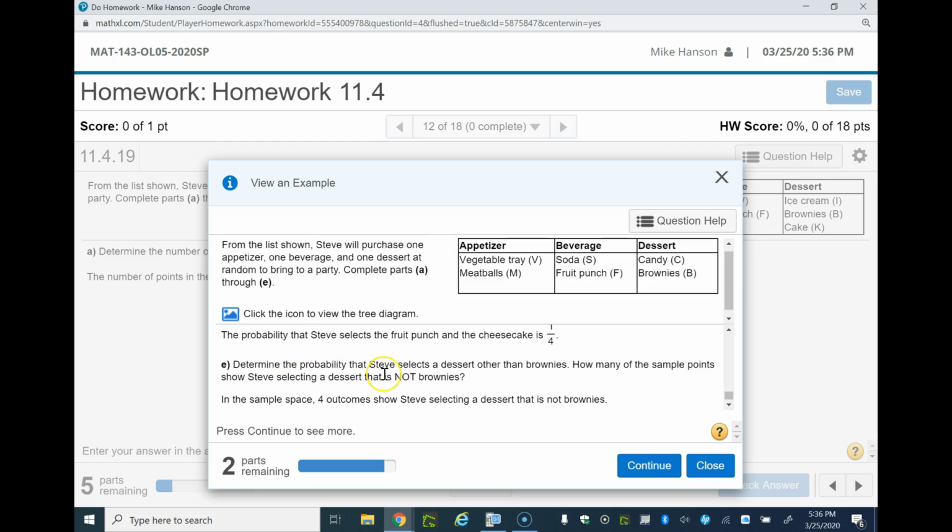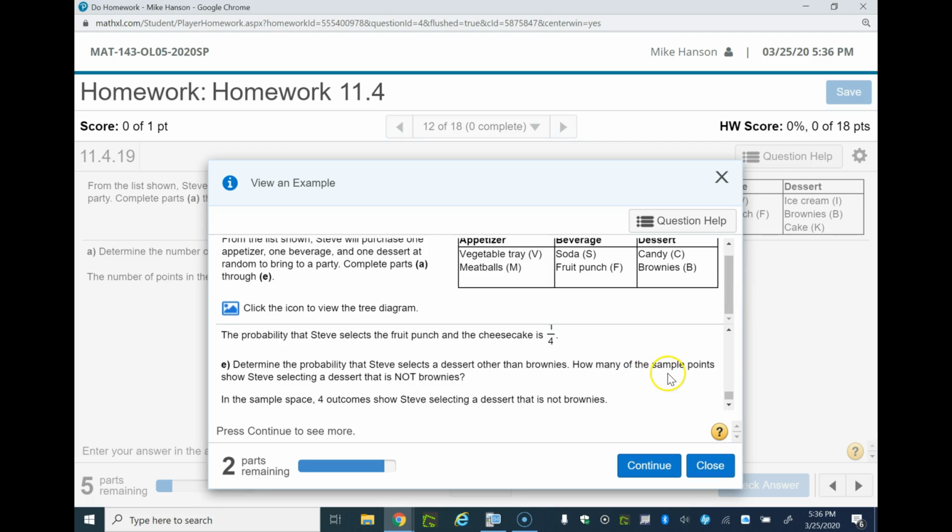For this one, determine the probability that Steve selects a dessert other than brownies. So how many of these sample points show Steve selecting a dessert that does not have brownies in it? For this one, we have 4. So let's go back up and see all the ones that do not have brownies.